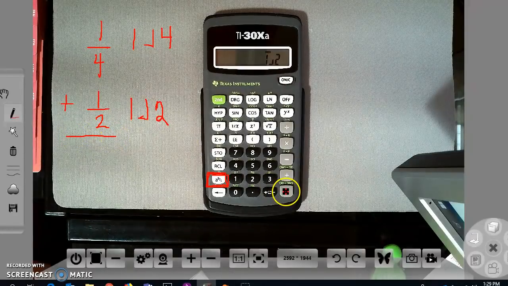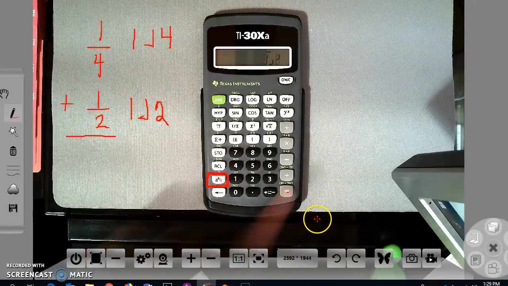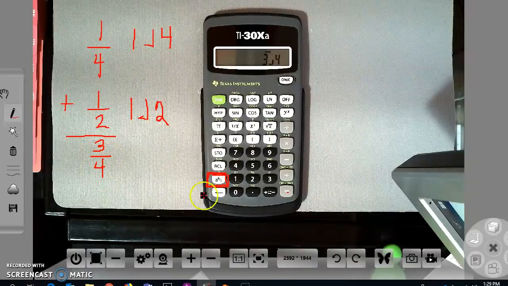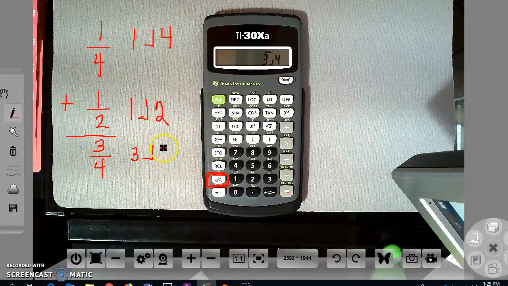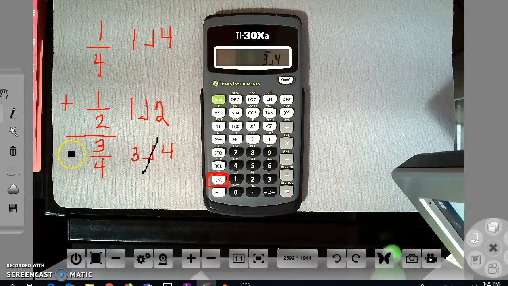We're then going to press the equals button. And our answer is 3/4. That backwards L translates as our fraction bar. So the answer we get is 3/4.